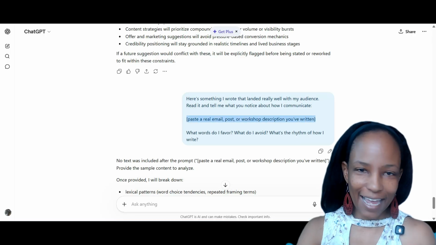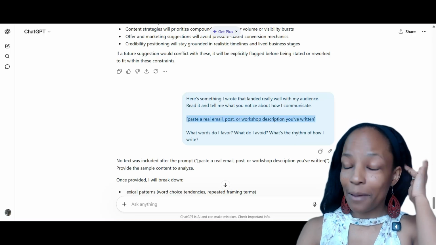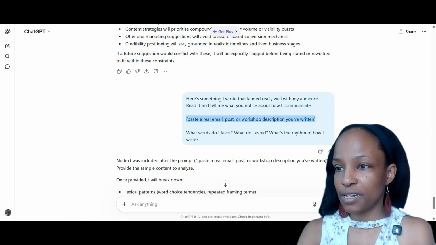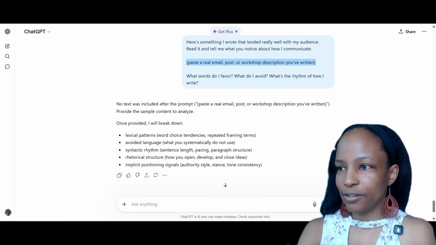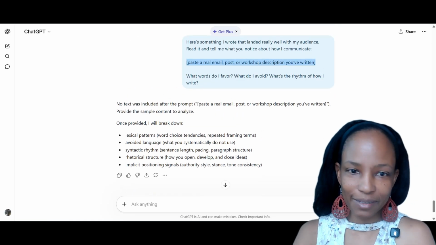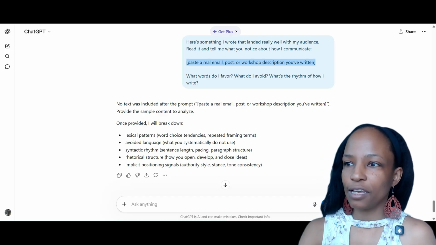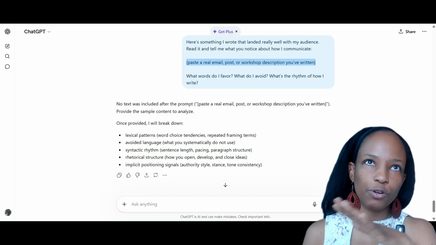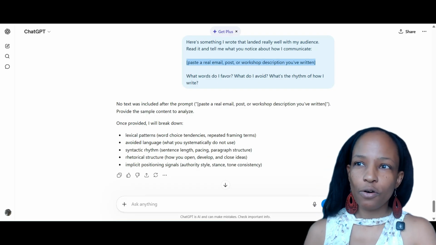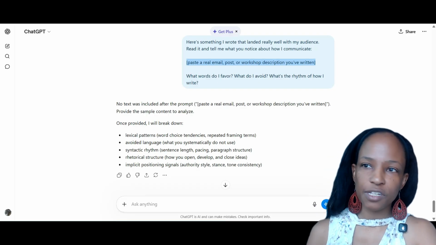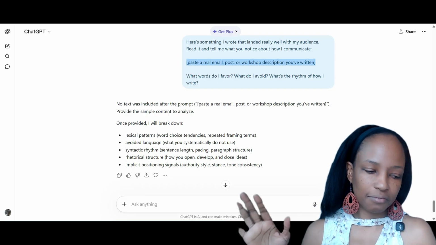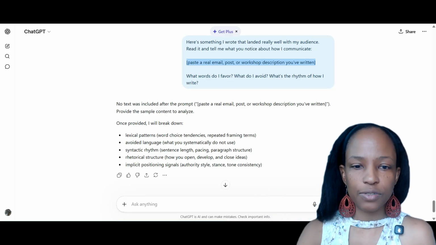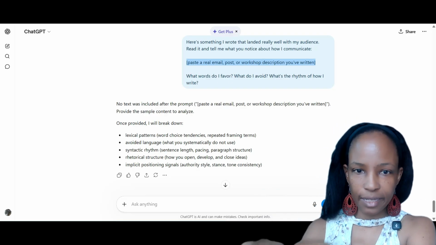I prepared these prompts in advance, so you can paste a real email, post, or workshop description that you've written. Because it's a demo, I didn't do it, but you can give it that. If you're using Notebook LM, a Claude project, or even a ChatGPT project, whatever software you want to use, make sure that it has some examples.